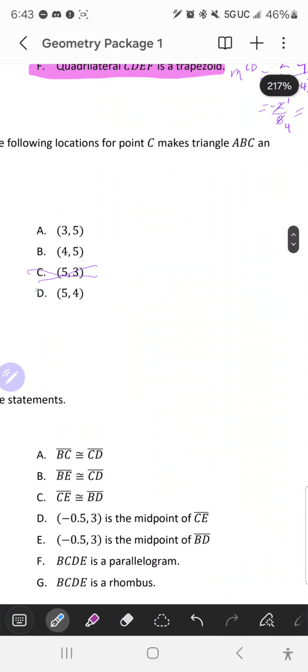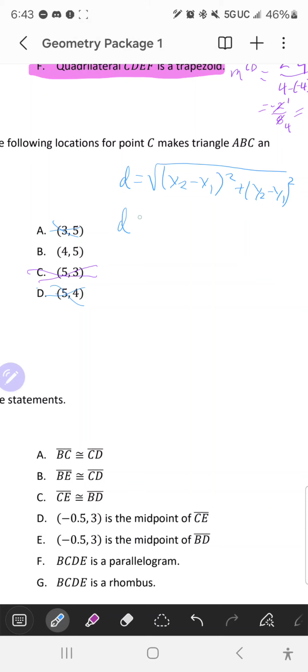So the distance is equal to the square root of x2 minus x1 squared plus y2 minus y1 squared.